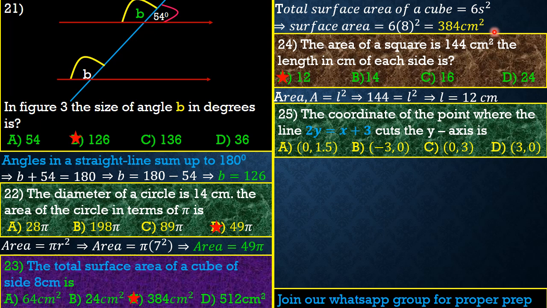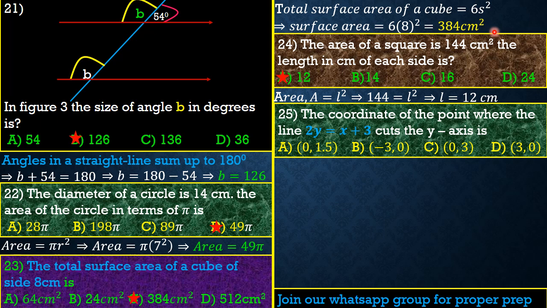Question 25 reads that the coordinates of the point where the line 2y equal to x plus 3 cuts the y-axis is. So friends, note that whenever a curve touches the y-axis, the x value at that point must be 0, and whenever the curve touches the x-axis, the y value at that point must be 0.